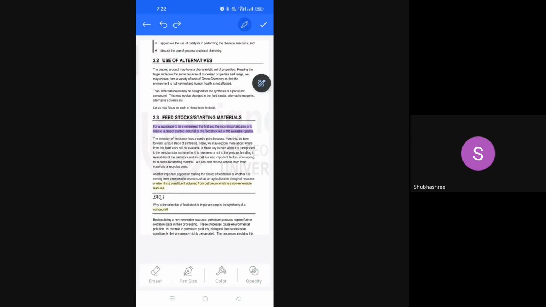For a substance to be synthesized, the first and most important step is to choose a proper starting material or feedstock out of the available options. Suppose substance A will be synthesized. You should follow the steps used during the course of the reaction. Choose a proper starting material so that the product will be maximum, with no side product and no waste product obtained during the reaction.